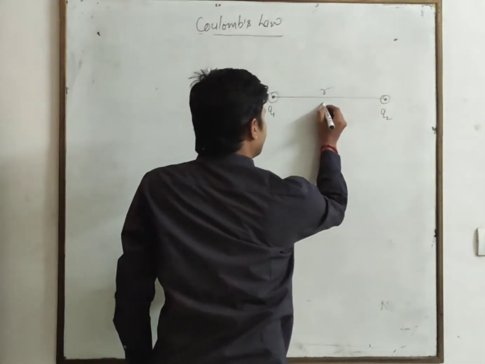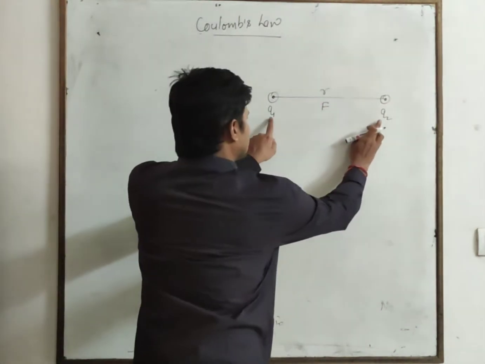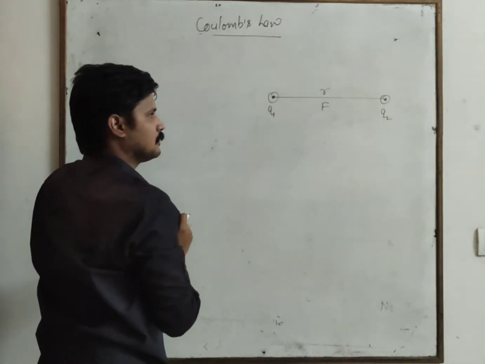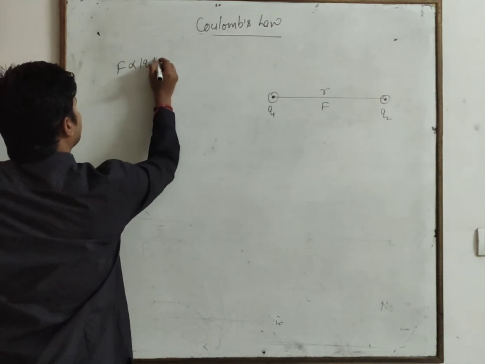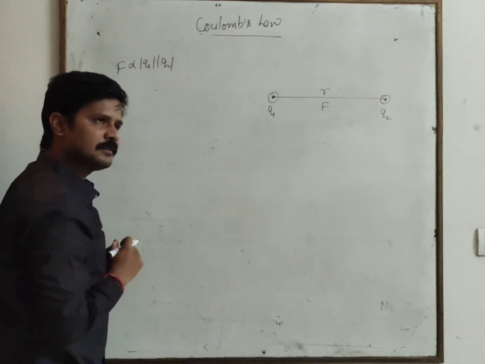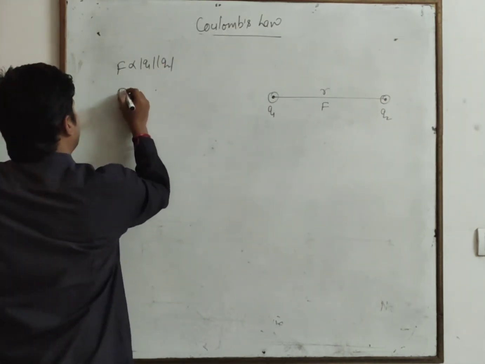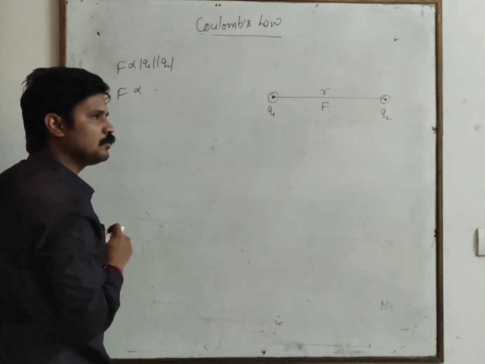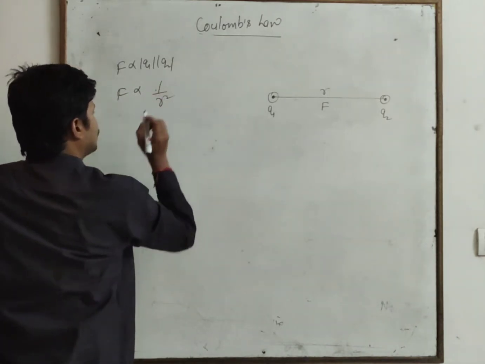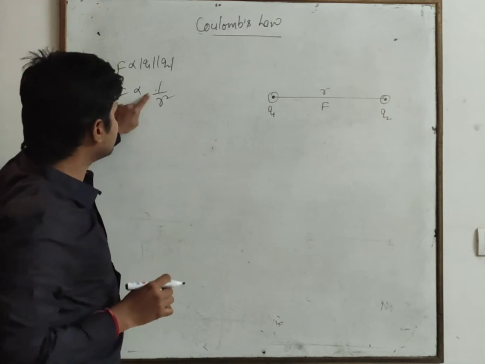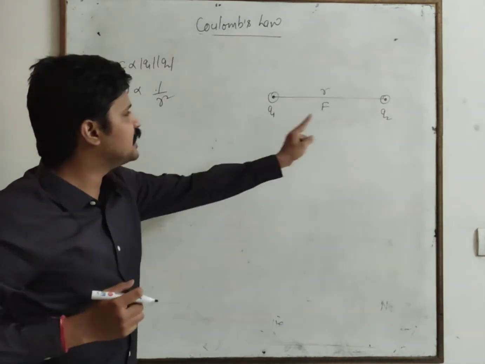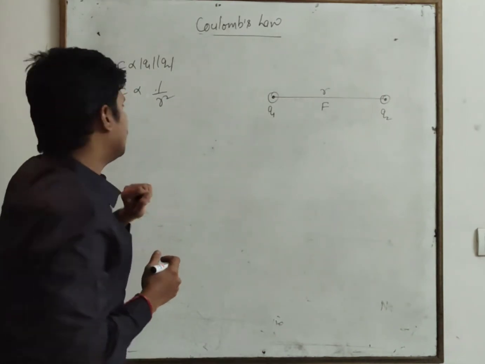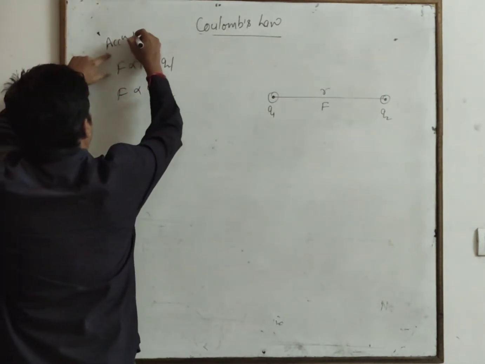Then the force between these charged particles is directly proportional to the product of the magnitude of charges and directly proportional to 1 upon r square. It means inversely proportional to the square of the distance between these charged particles. It is according to Coulomb.